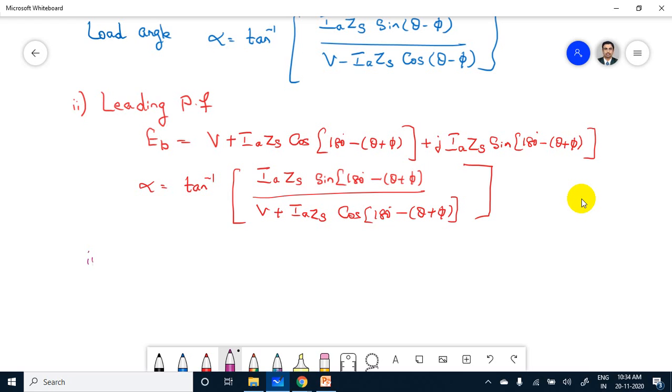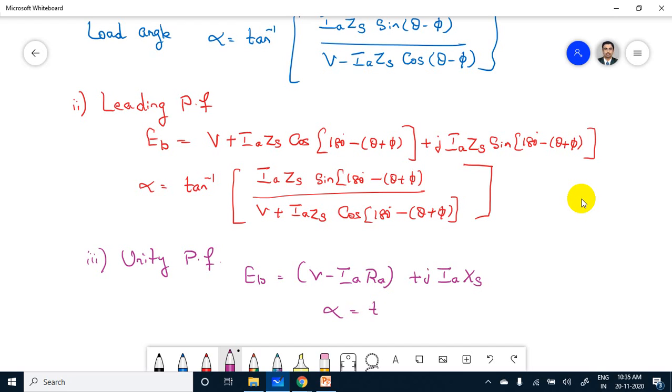And the third one, unity power factor. EB equal to V minus IA Ra, plus j into IA into Xs.